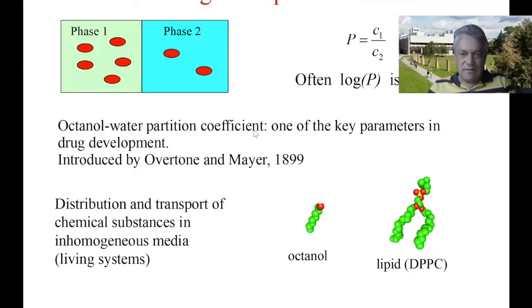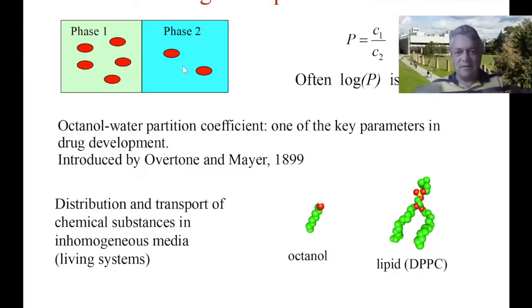And the most relevant, or most often computed and measured, is the octanol-water partition coefficient, that is, partitioning between octanol and water. This is one of the key parameters in drug development, introduced more than 100 years ago by Overton and Meyer.